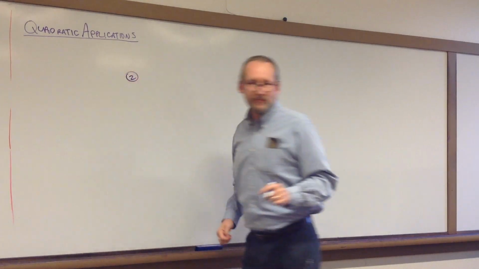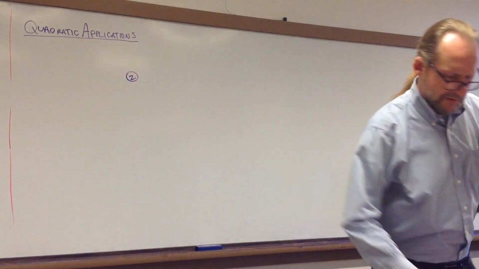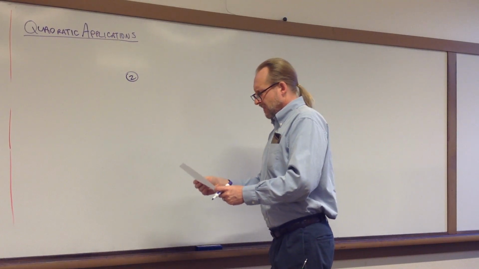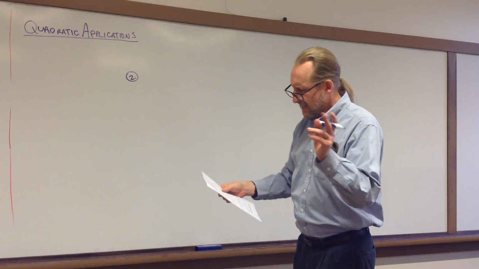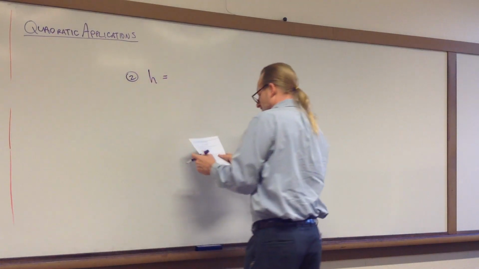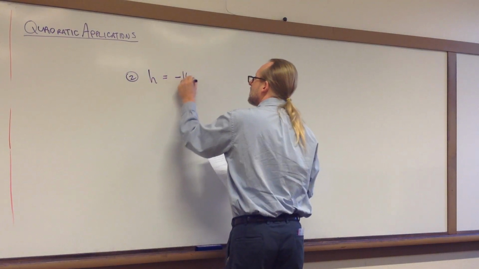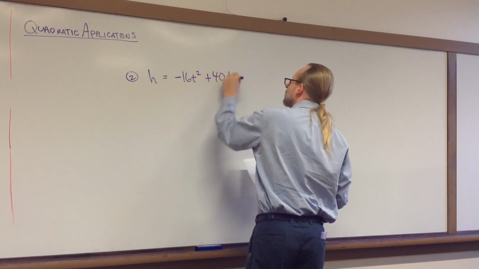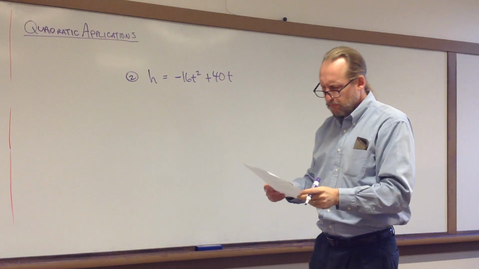Problem 2. We've got a soccer ball kicked straight up in the air, with an initial velocity of 40 feet per second. The key here is the equation we're given, where the height is equal to negative 16t squared plus 40t.